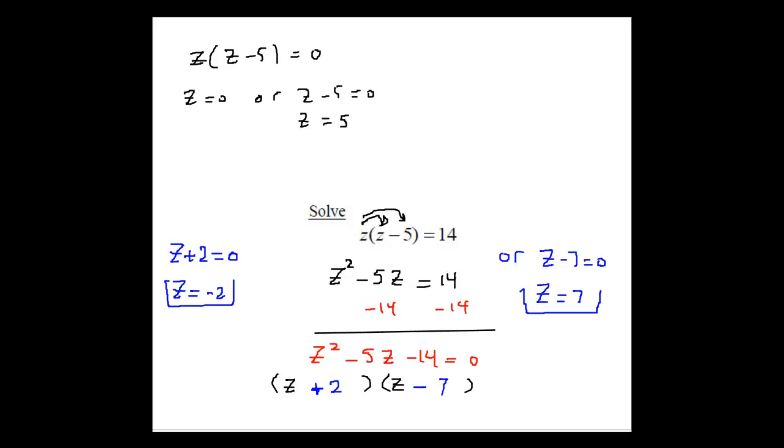Okay. So here we have the solutions. Now we have z is equal to negative 2, z is equal to 7. If I substitute these numbers into this original equation, it should add up to 14. That's another way you can check your answer. Okay, very good.